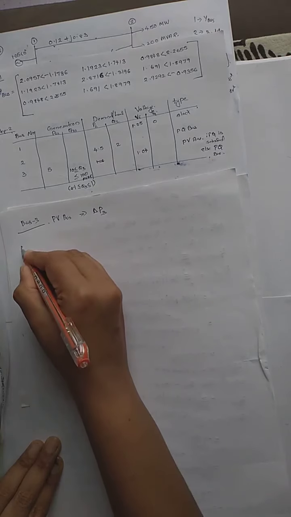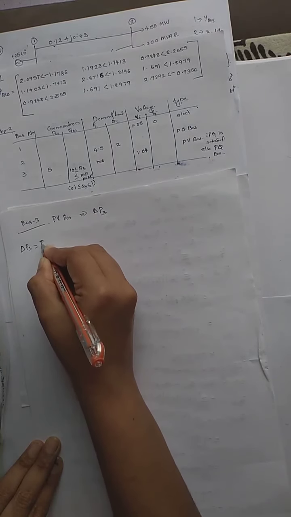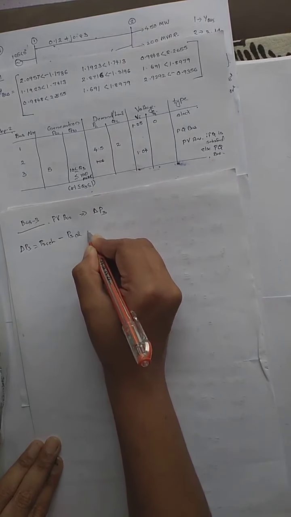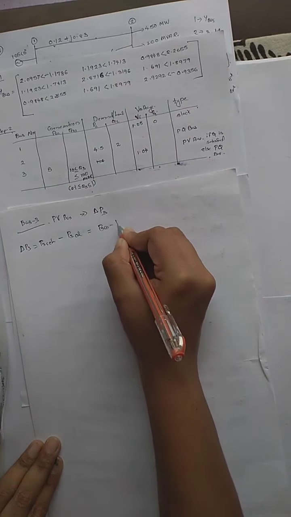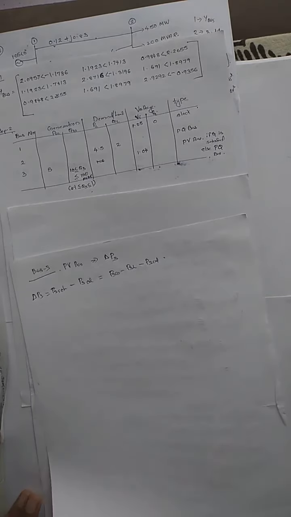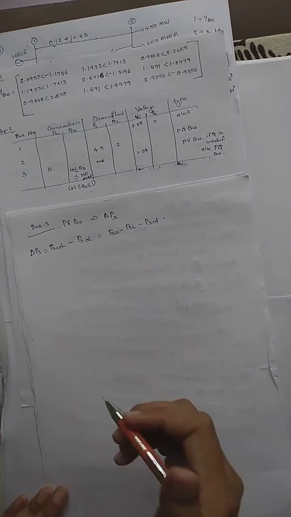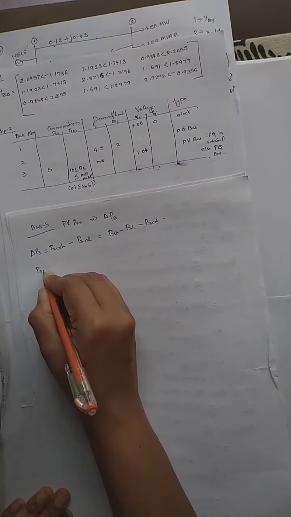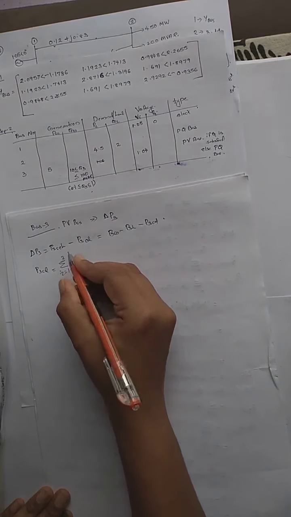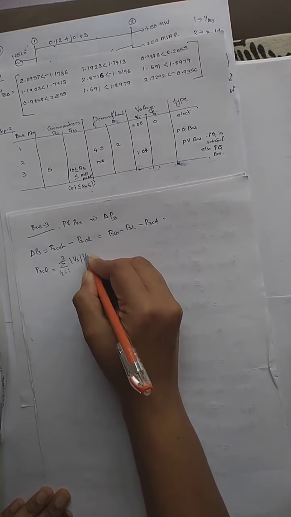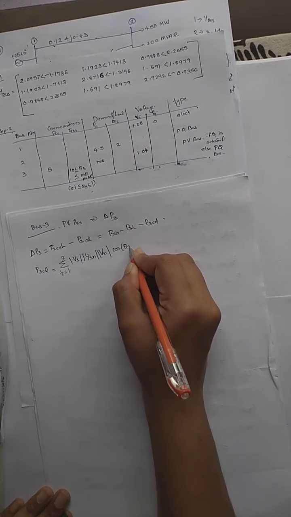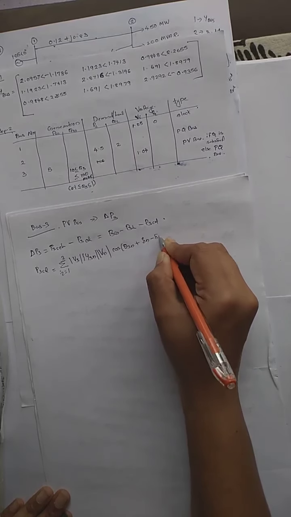So first I am calculating delta P3 is equal to P3 scheduled minus P3 calculated, that is equal to P3 generated minus P3 load minus P3 calculated. We already have that P3 calculated value. P3 calculated is equal to sigma n equals 1, 2, 3 V3 Y3n Vn cos of theta 3n plus delta n minus delta 3.